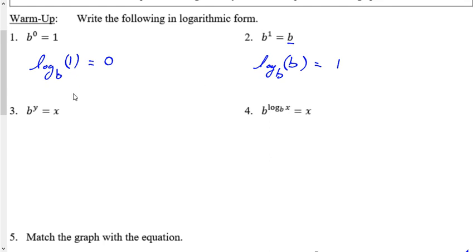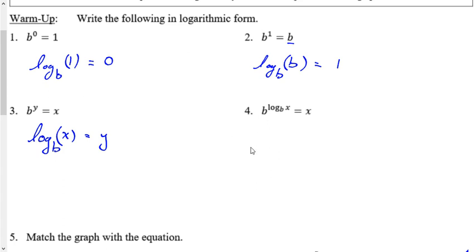And then here's a more generic expression. Again, I have a log base b. It's equal to an exponent, and it operates on the power. And here we're saying x is equal to the power, where b is the base. Number 4, basically the same idea. So if I just look at where I place things, here my base is b.